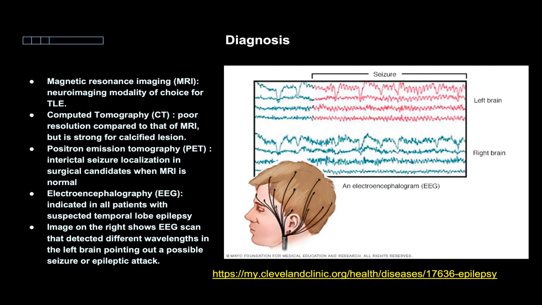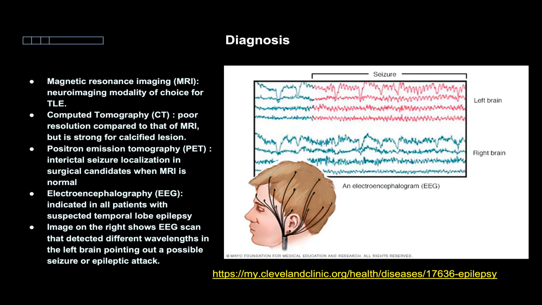And a PET scan, which is positron emission tomography, is for seizure localization in surgical candidates when MRI is normal. So, if MRI is normal, they then do a PET scan. An EEG scan is an electroencephalography, which indicates in all patients with suspected temporal lobe epilepsy.